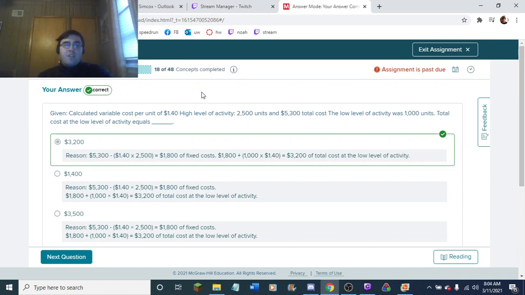Then you do the fixed cost plus the variable cost at the low level of activity, and you get 3,200. Okay, I get it, I think. So first calculate fixed costs, then do fixed costs plus variable costs at low level.